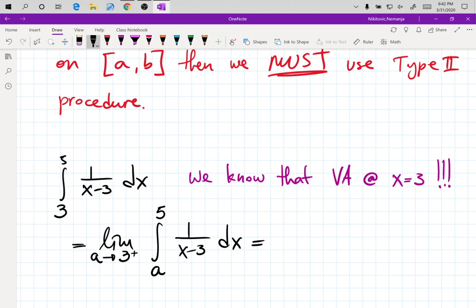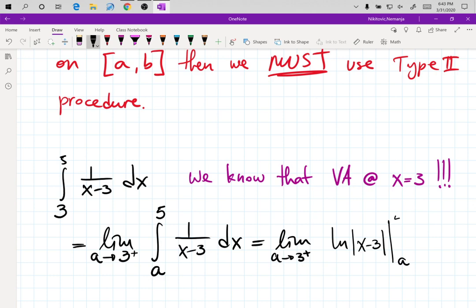Now, this is our basic ln integral. We know those from our section on partial fraction decomposition. We've seen them so many times. So we have our limit, a goes to 3 plus. And the integral over here is just ln of x minus 3, right?